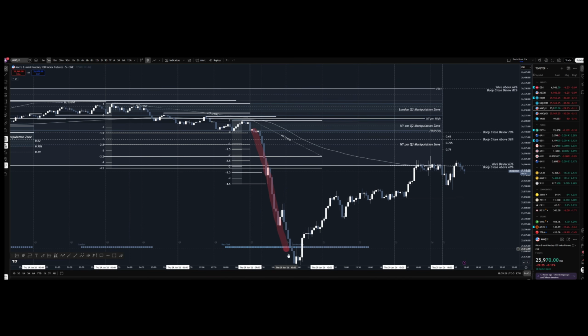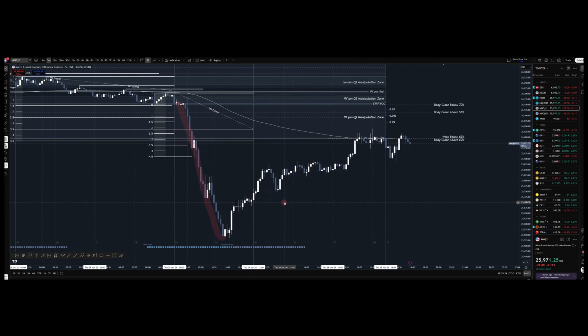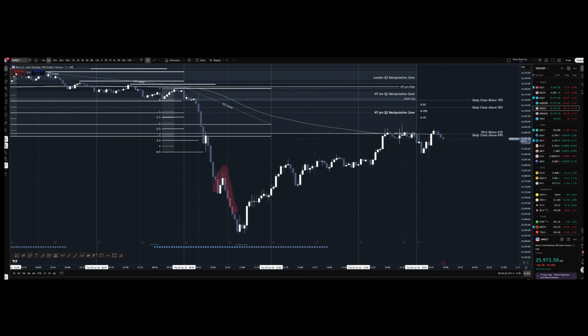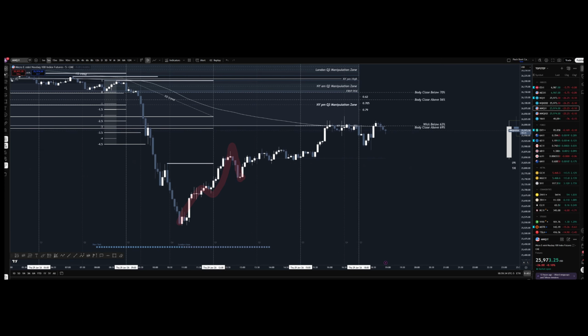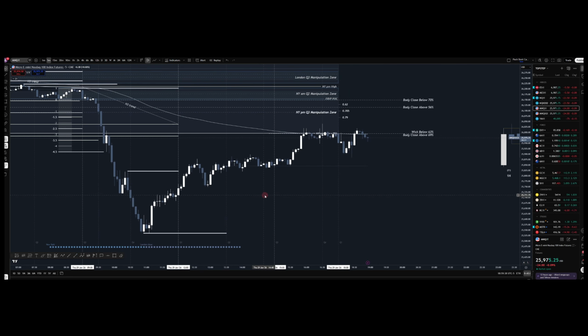New York AM death, straight down. Can do the same for this one. And then we come back and we take that, lock the low in. We take this high here, locks in the low.